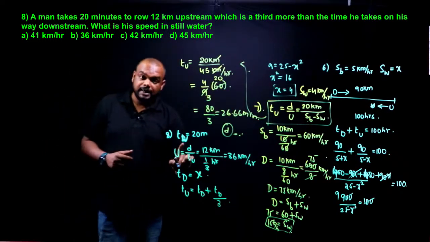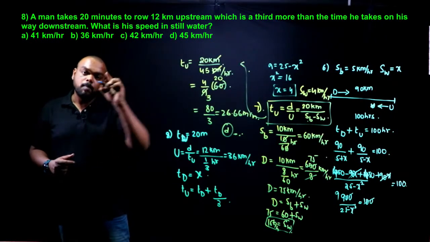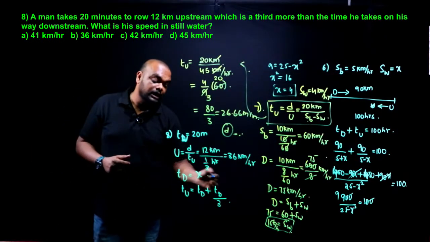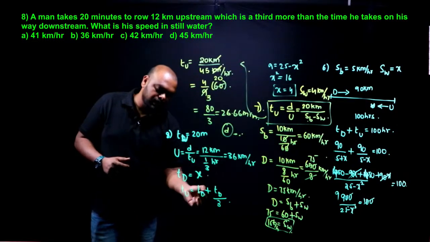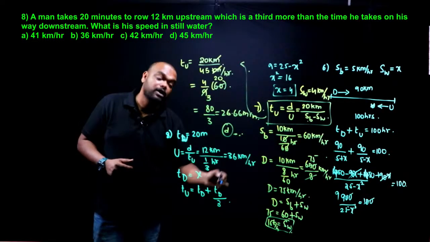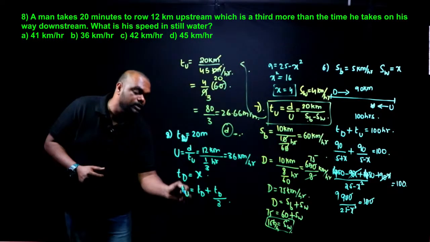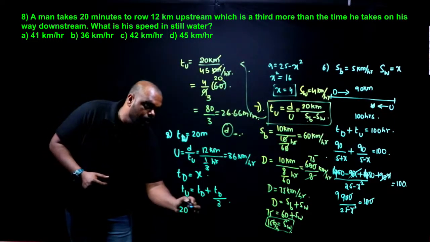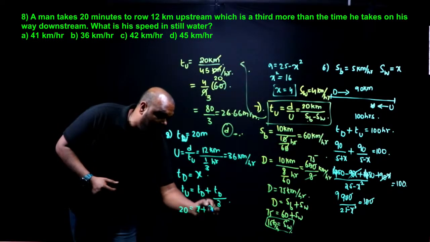I'm repeating: time taken during upstream is equal to time taken during downstream plus 1/3 of it, TD by 3. This we know is 20 minutes. That is equal to X plus X by 3.